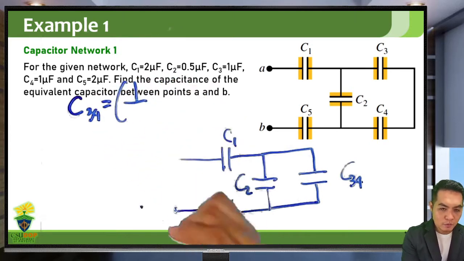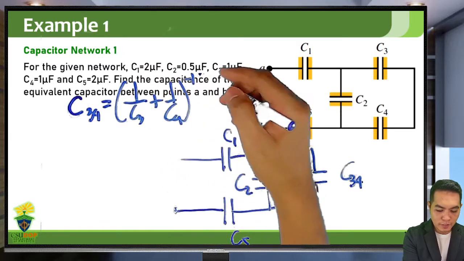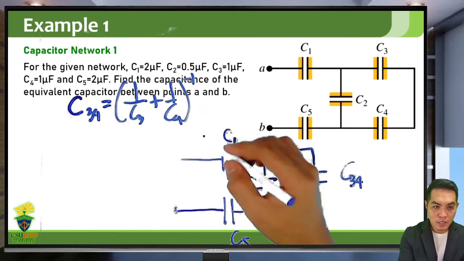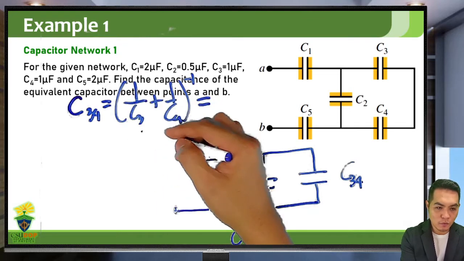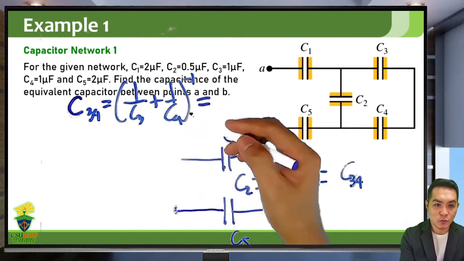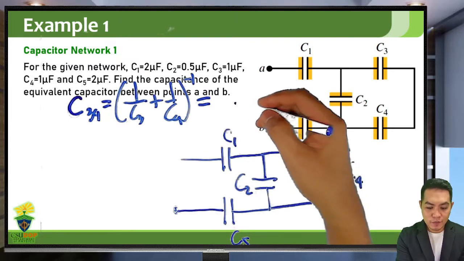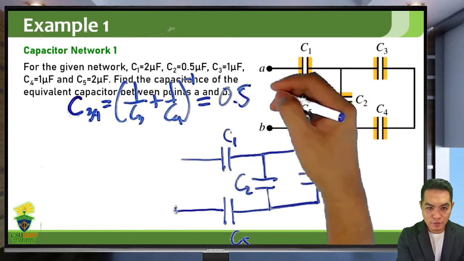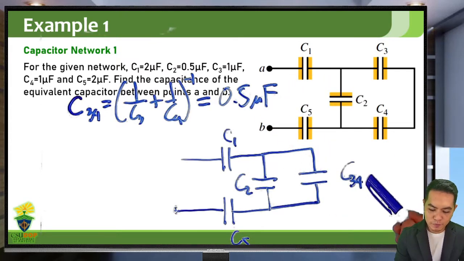C3 is 1 microfarad, C4 is also 1 microfarad. So you have 1 over 1 plus 1 over 1, which is 1 plus 1, so 2. The inverse of 2 is 0.5, or 1/2. So you will get 0.5 microfarad.